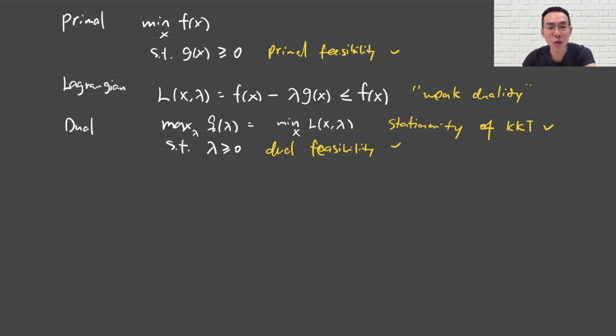And finally, we want to use the last property of the KKT, the complementary slackness. It gives us q of lambda star equals f of x star of lambda star. Lambda star is a maximizer for the dual problem. So this condition holds if complementary slackness is satisfied.